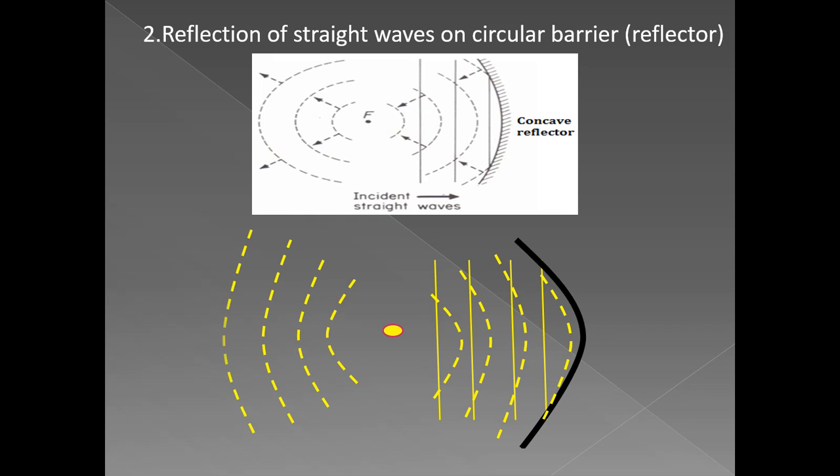So that is how the plane waves are reflected back with a concave reflector.